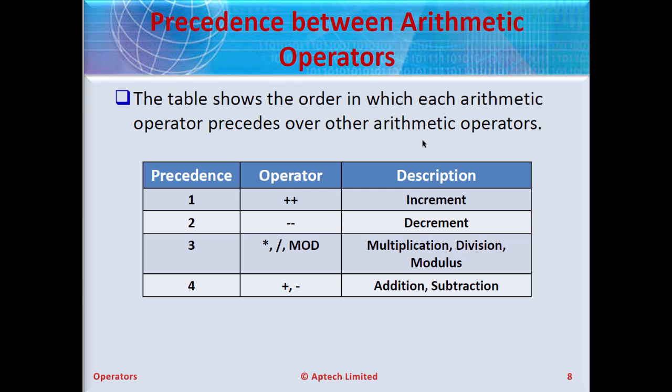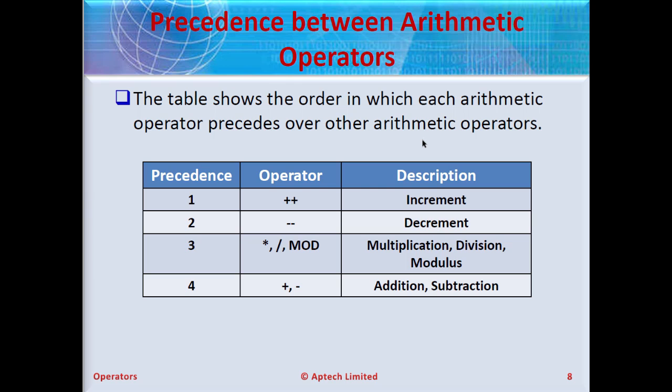Precedence between arithmetic operators. The table shows the order in which each arithmetic operator precedes over the arithmetic operators. Precedence means like if you have multiple operators, what is going to be evaluated first in an expression? We start with the plus plus, that is the increment operator.